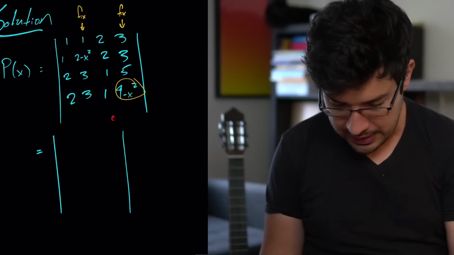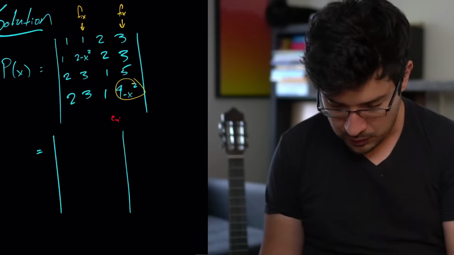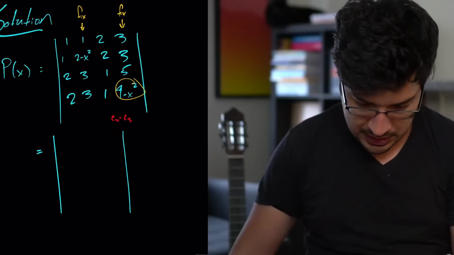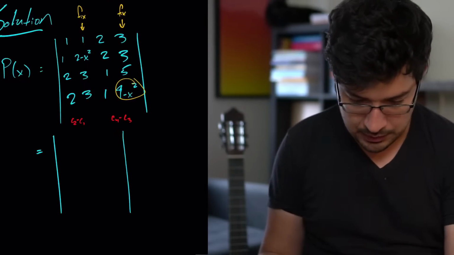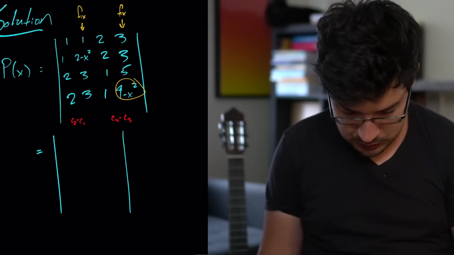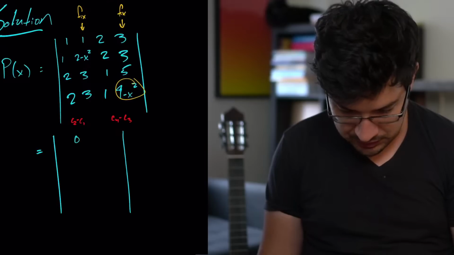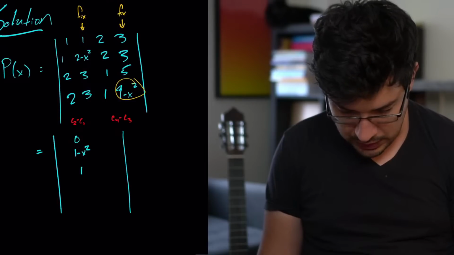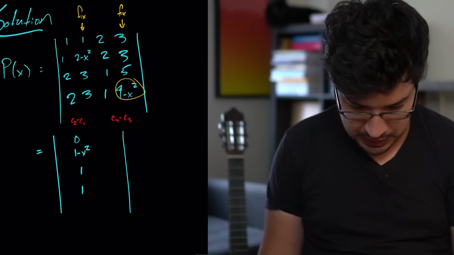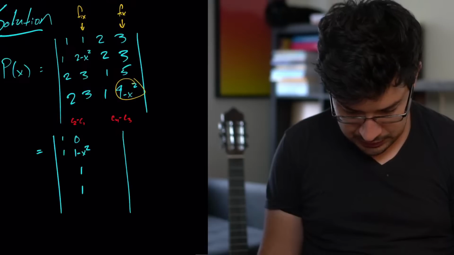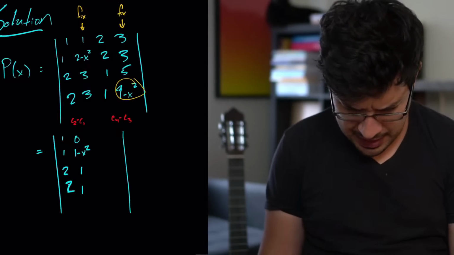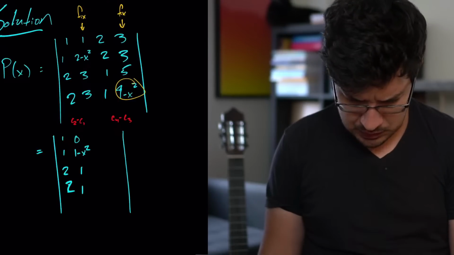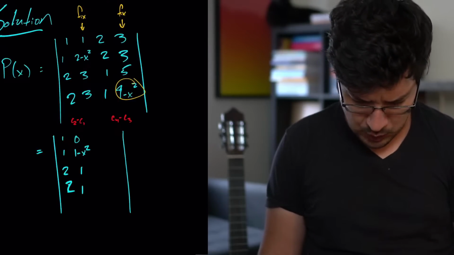So let's do column 4 minus column 3, and I want to do column 2 minus column 1. Column 2 minus column 1 is going to be 0, 1 minus x squared, 1, 1, right? I'm just going to repeat this first column.